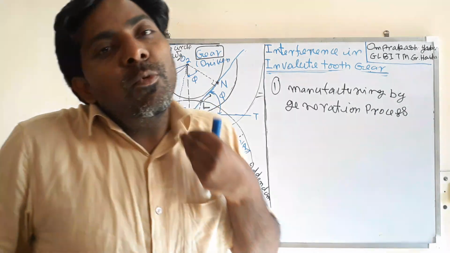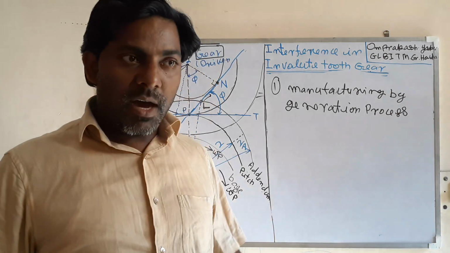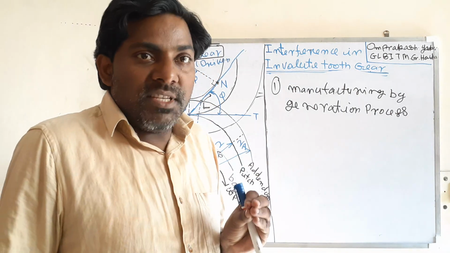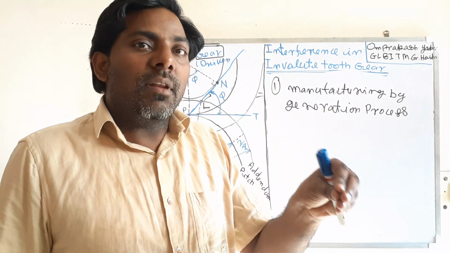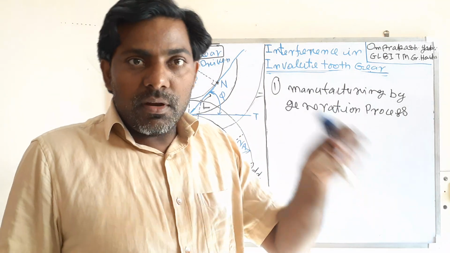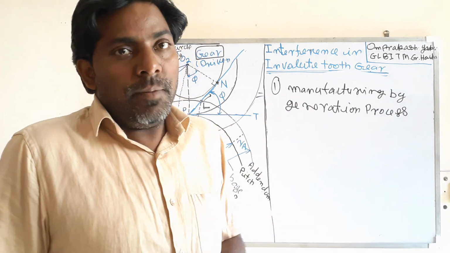So if you already remove the material from the flank of the pinion by the manufacturing process, then the tip of the gear will not touch the non-involute portion of the pinion, so there will be no problem.